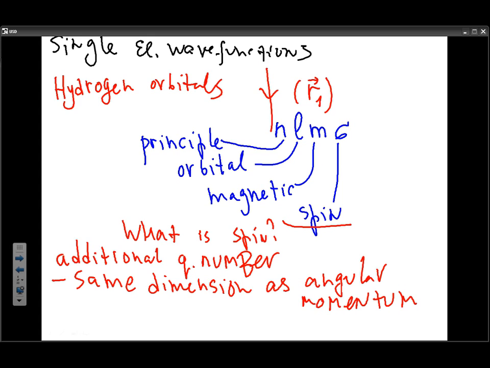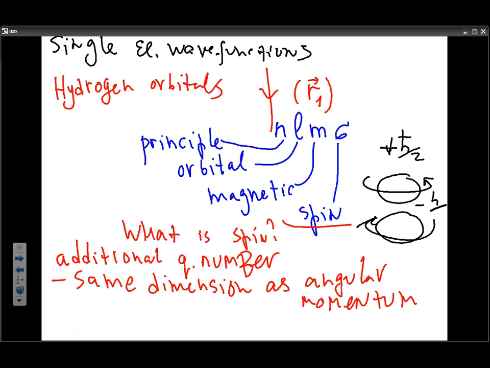And Muhammad was giving us a suggestion of rotating one way or another way, corresponding to two quantum numbers, plus h bar over 2 and minus h bar over 2. And you know the Planck constant has a dimension of angular momentum, right?